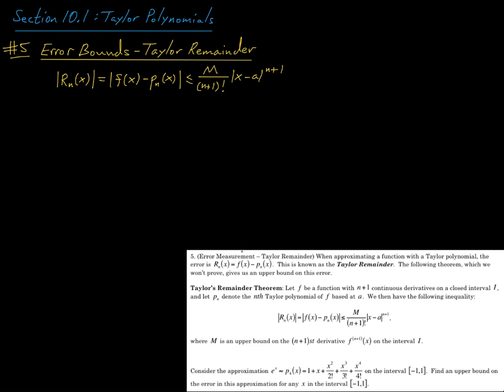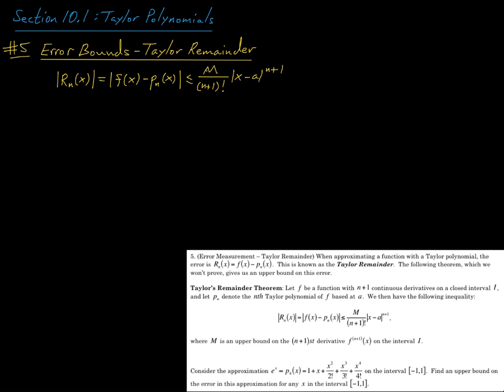So first off, we're going to call the difference between f of x and Pn of x the Taylor remainder, or just the remainder, and we'll denote it as Rn of x. And what Taylor's remainder theorem says is that when approximating f of x by Pn of x on a closed interval, which we'll denote by I, this remainder can be no larger than this following quantity.